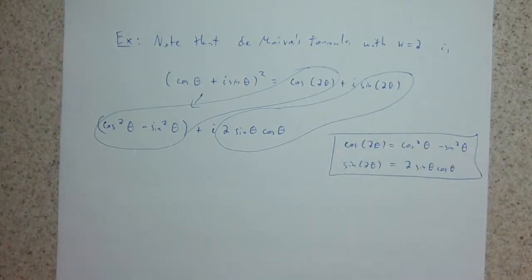Hey, these are our favorite double angle formulas, right, for cosine and sine. Okay. So no need for any kind of more obscure proof. This does it pretty quickly, right? In one step, it takes care of both of those proofs.